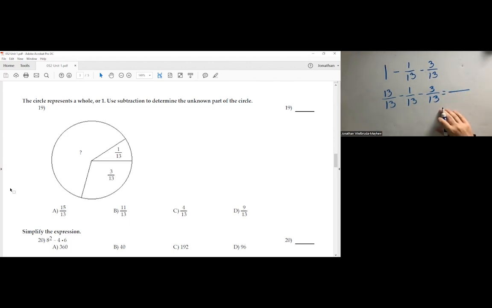So we're subtracting 3 fractions. 13 on the bottom of all of them, so 13 on the bottom. And then subtracting across the top, 13 minus 1 is 12. 12 minus 3 is 9. 9/13.